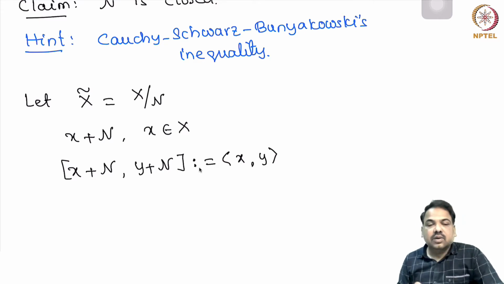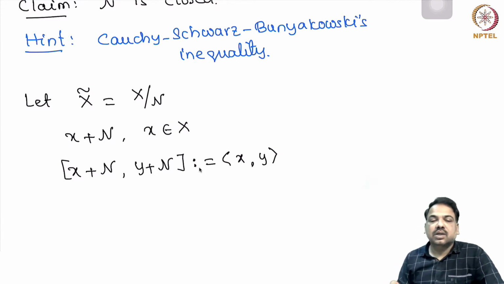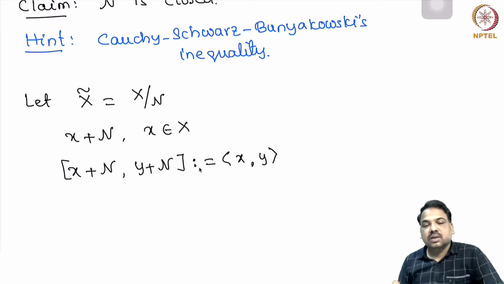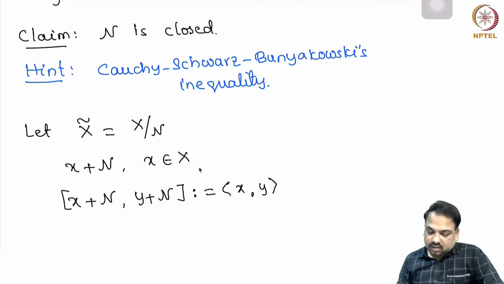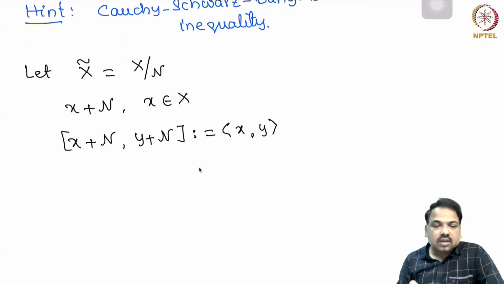If you take y equal to x, and if you assume that the inner product of x plus N with x plus N is 0, then on the right hand side, the semi-inner product of x with x is 0, that means x is in N. So once x is in N, x plus N is nothing but N. That means N is the 0 element in the quotient space. Hence this satisfies the positive definite property. So we can conclude that this is an inner product on the quotient space.